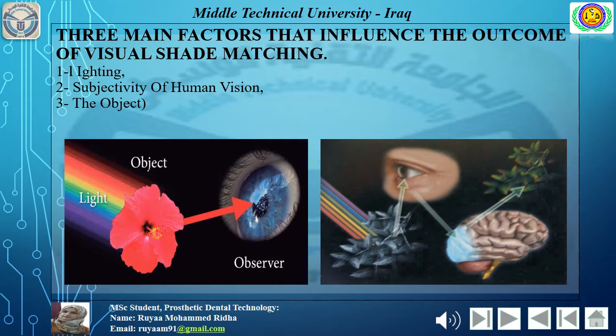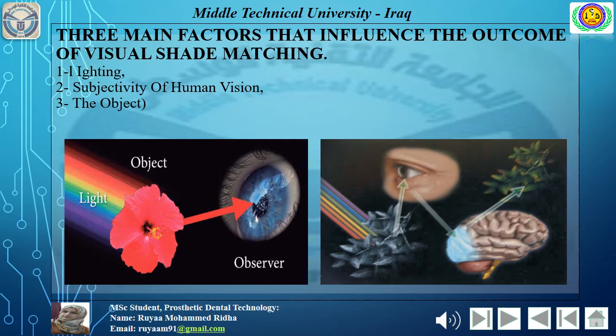In human vision, light from an object enters the eye and acts on receptors in the retina as rods and cones. There are two types of vision, scotopic vision and photopic vision.